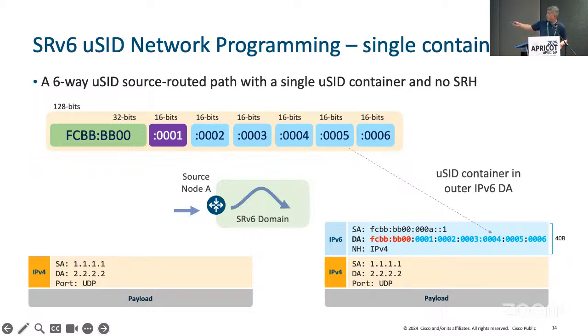If I have my block, I have my node ID, and I wanted to define this kind of traffic engineering path, I can put it in, right? Within that block, I have node 1, 2, 3, 4, 5, 6, and my traffic will follow exactly these segment node lists so that I can do the traffic engineering.